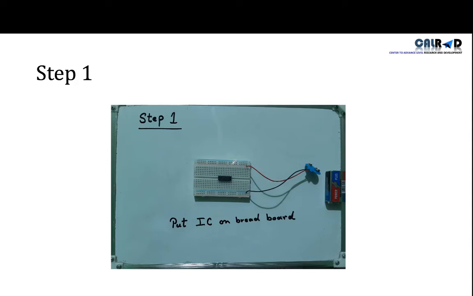So this is the first step. First of all, we put the 7404 IC on our breadboard. Till then the battery is not connected, we will connect the battery in the end.